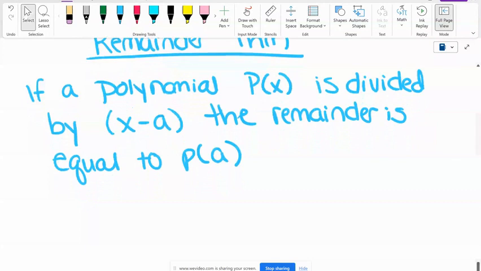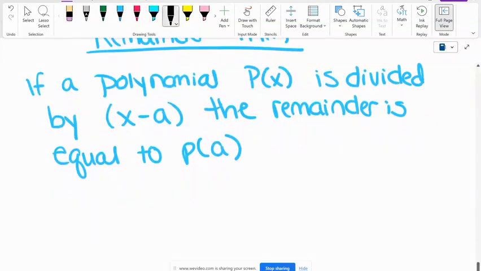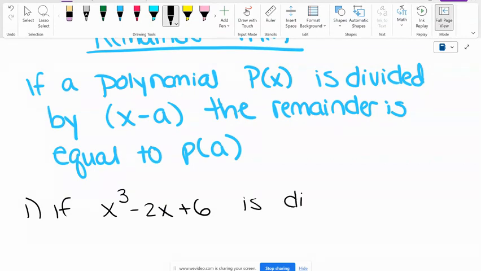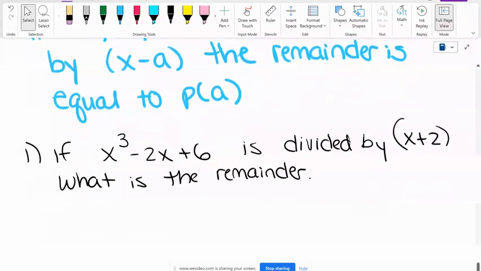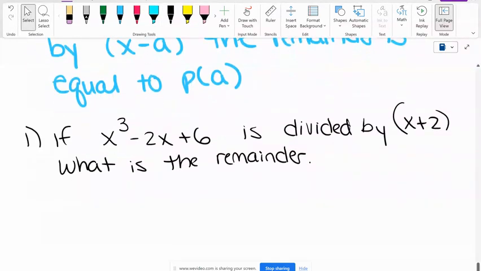Okay, I want to go back to a problem we did. So let's say I told you if x cubed minus 2x plus 6 is divided by x plus 2, what is the remainder? Okay, well, we already did this problem.